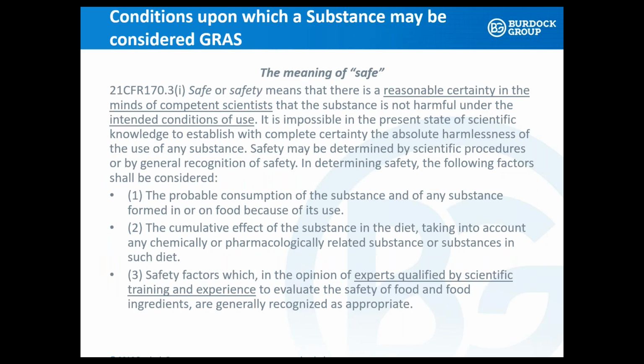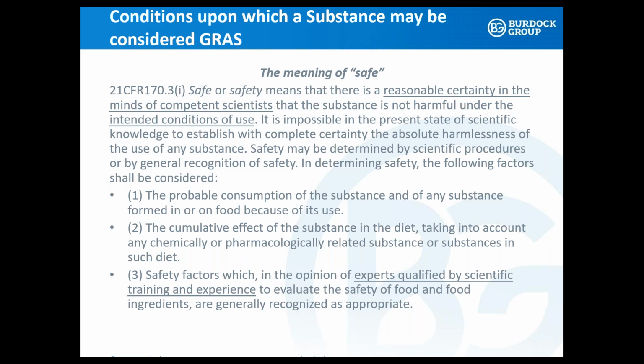So let's talk about safety. Safety means that there is a reasonable certainty in the minds of competent scientists that the substance is not harmful under the intended conditions of use. So basically, you have to make sure that you have good and adequate safety data to show that, hey, this product's not going to kill anybody.